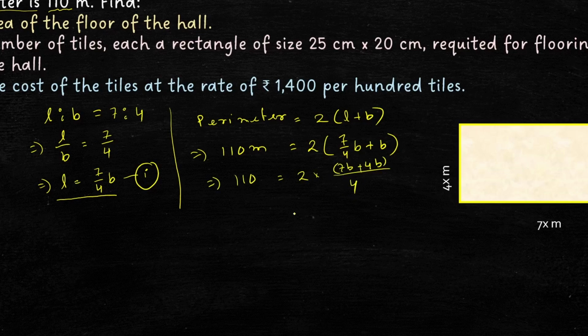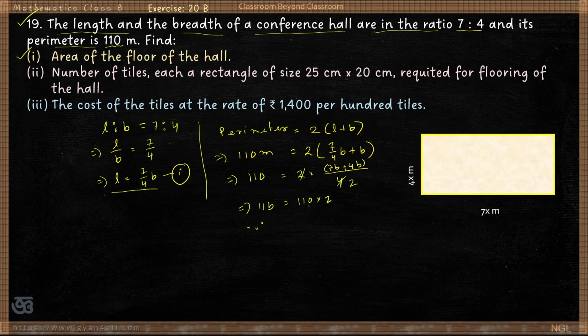So 7B plus 4B is 11B, which is equal to 110 multiplied by 2. Therefore, B is equal to 110 multiplied by 2 divided by 11, and that is equal to 20. So the breadth of the hall is 20 meters.